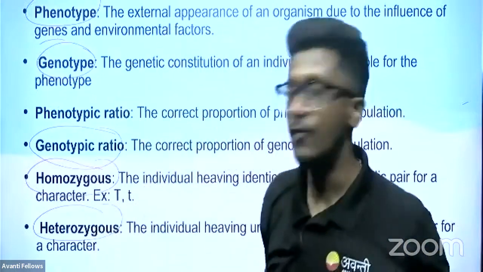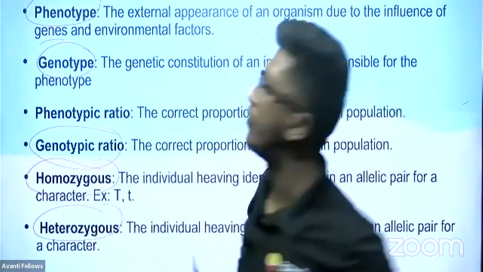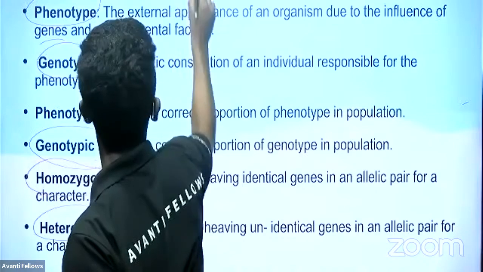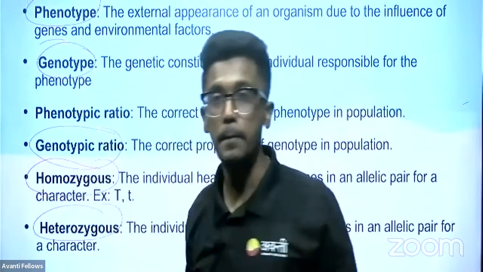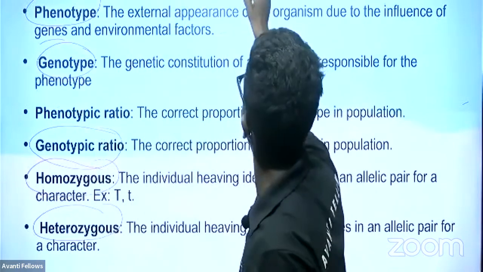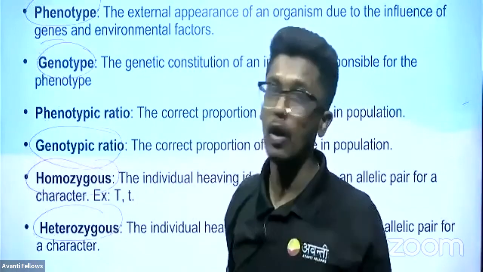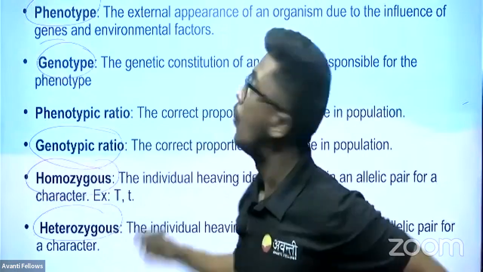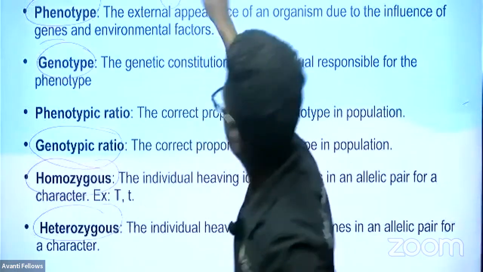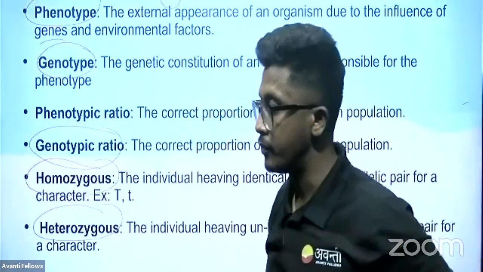If I have to represent the tallness of a plant, I will take capital T and capital T. If I have to represent a dwarf nature, I will represent it as small t and small t. Why I chose capital T and small t is secondary. Why I put it in pairs, I told you the reason.